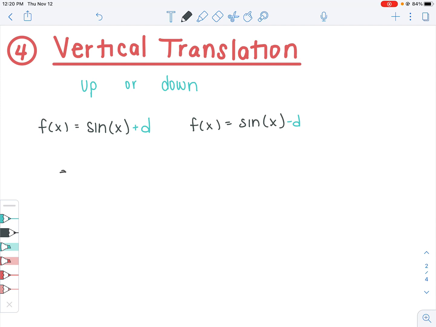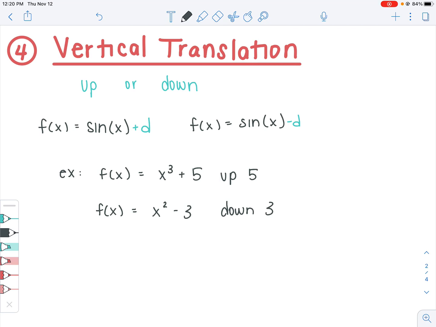So for example, if I have f of x equals x cubed plus 5, that's going to move up 5, whereas f of x equals x squared minus 3 is going to move down 3.